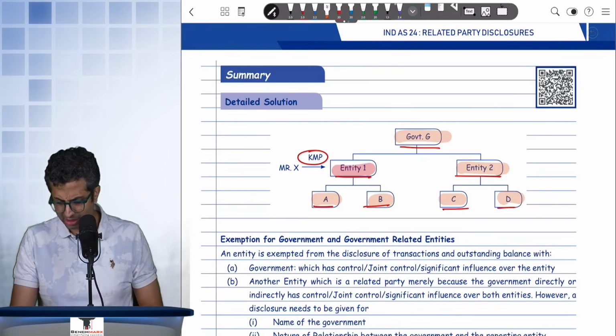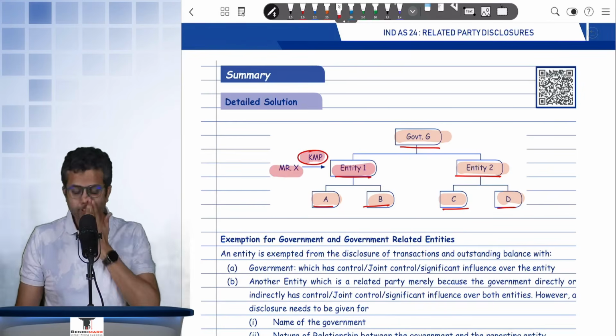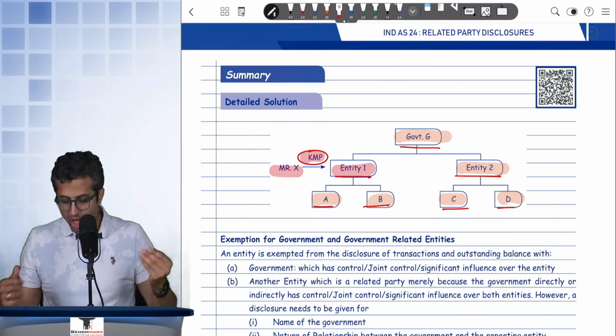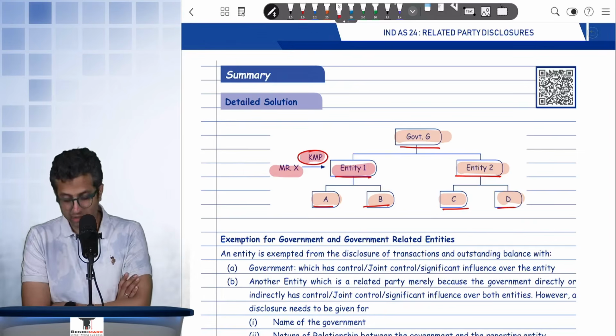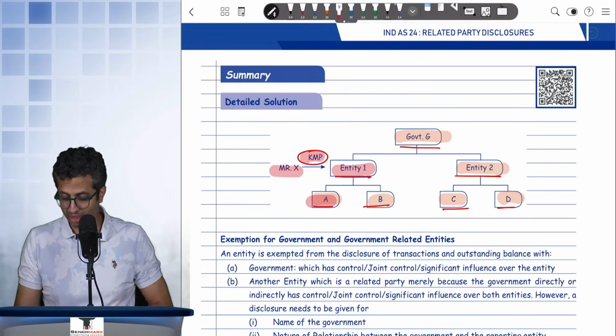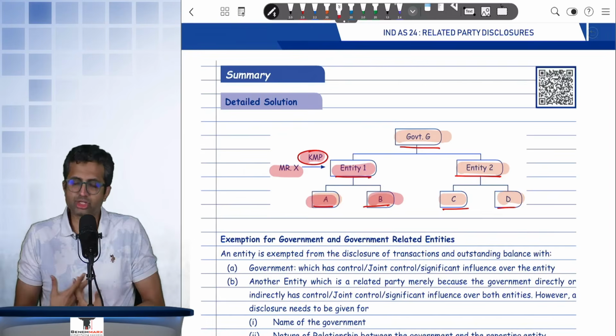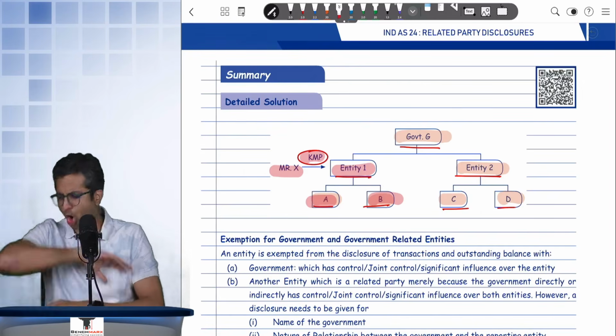However, the transactions between entity 1 and person X will not be exempted because any transaction with a KMP will require disclosure. Further, Mr. X will also be a KMP for A and B, and hence transactions of A with any of these companies.